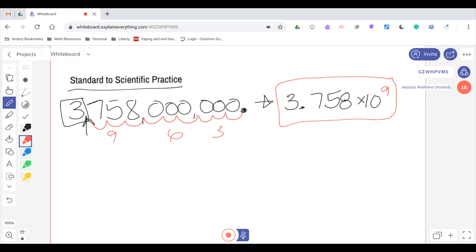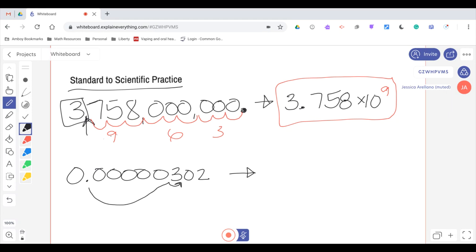Sometimes you also have really small numbers. So let's say we have 0.0000302. Again, we want the decimal to go right here.